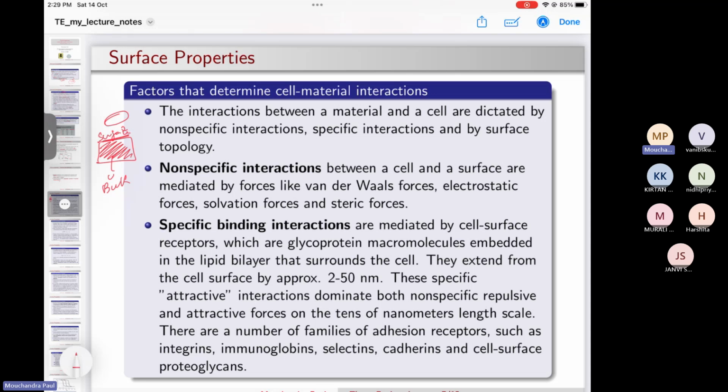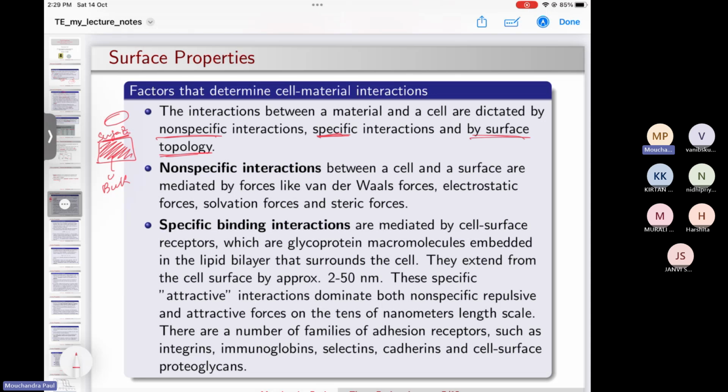So it will interact with the surface through various kinds of bonds. There are non-specific bonds, then there are specific ones, as well as the surface topology. It will also affect how the cell is interacting.